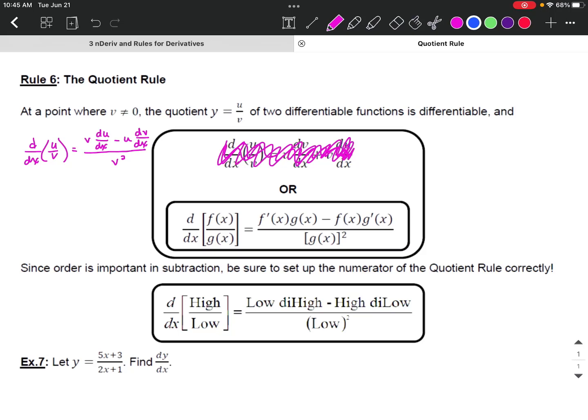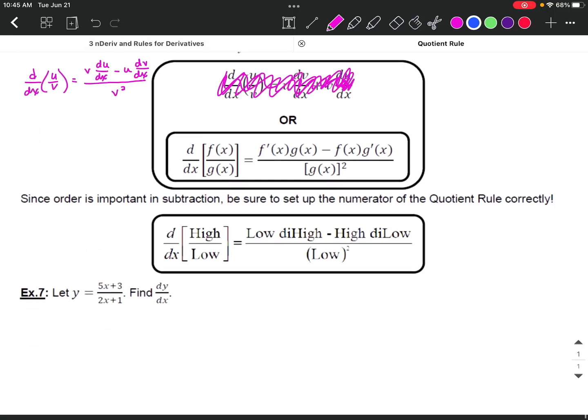If you're using f and g, it's f prime of x times g of x minus f of x g prime of x over g of x all squared. Or if you're taking the derivative with respect to x of high over low, it's low d high minus high d low over low low, or low squared.